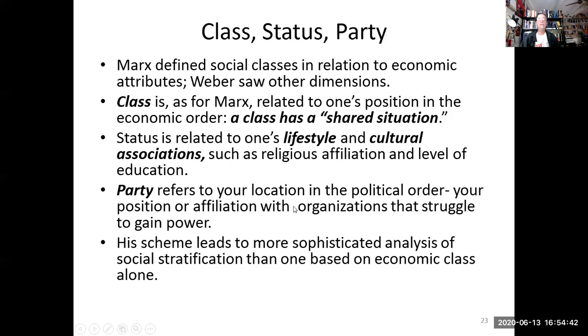People with political power on a first name basis. People who are high on one dimension tend to be high on the others.